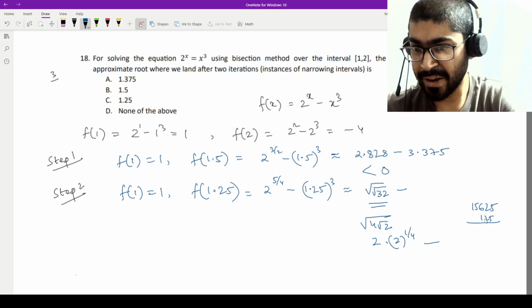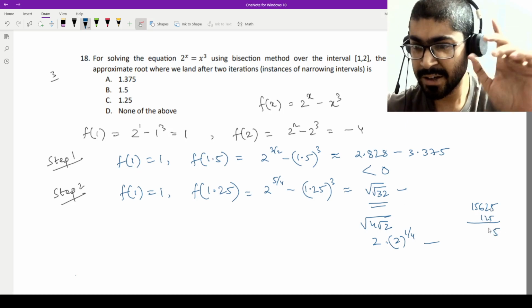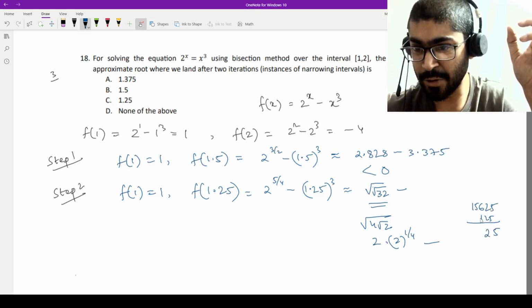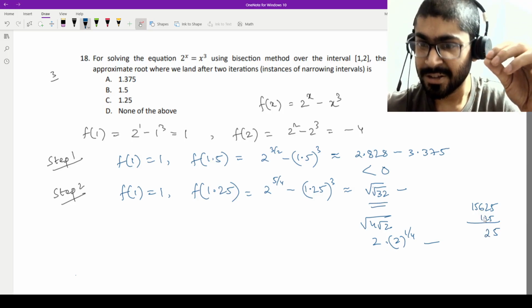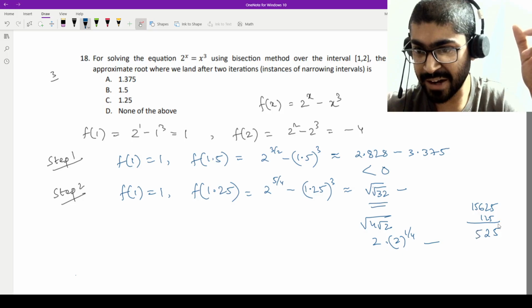So what will we get? We will get 125 5s are 625, carry 62, 125 2s are 250, and 62 will give us 312, carry 31, 125 6s will give us 750, and 35 is 785, carry 78.